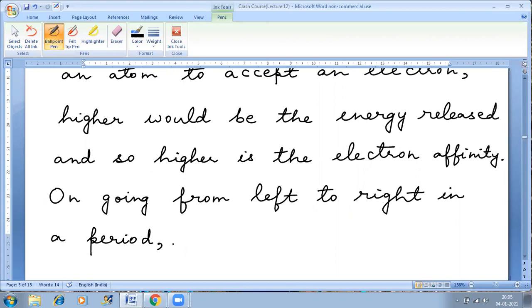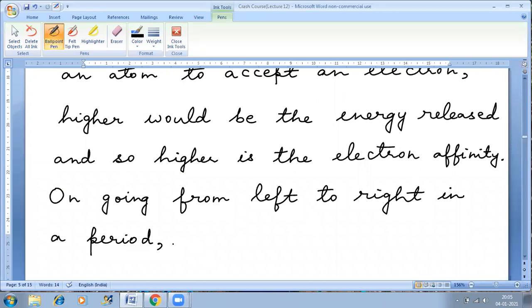So if an element is ready to accept electrons, its electron affinity will be high. Usually non-metals are happy after accepting electrons, because metals lose electrons, they don't gain electrons.